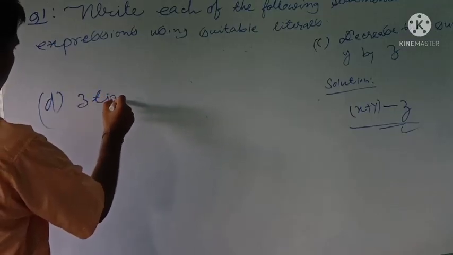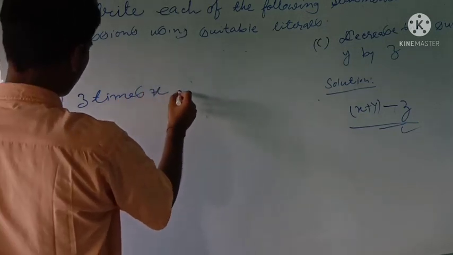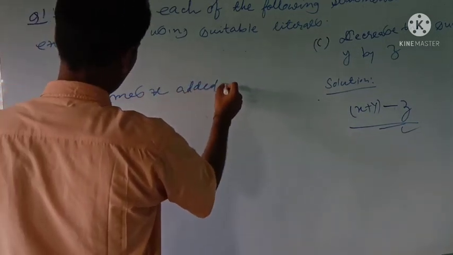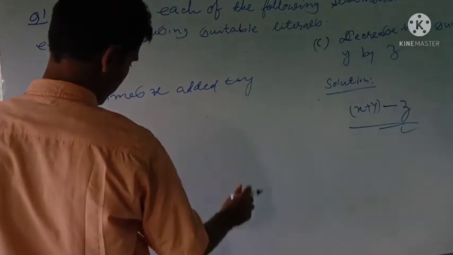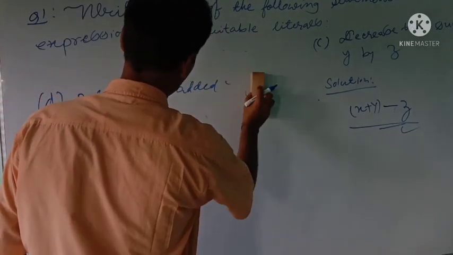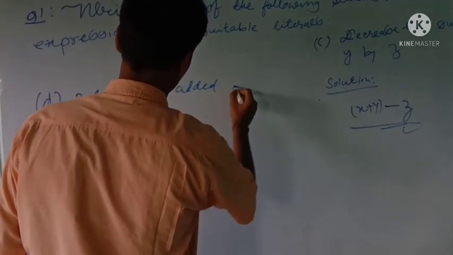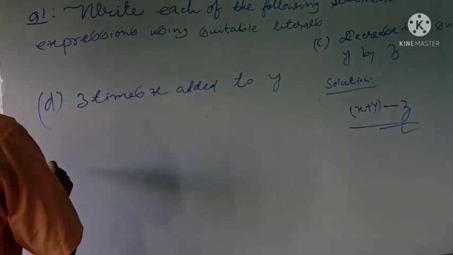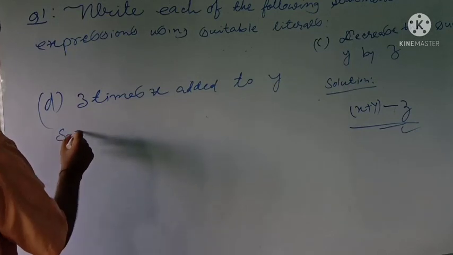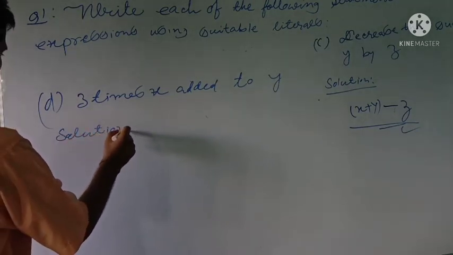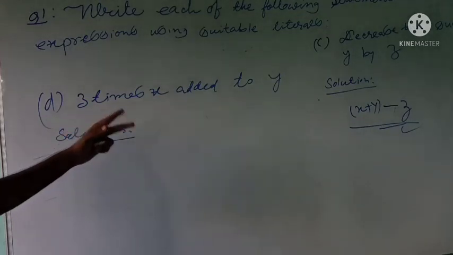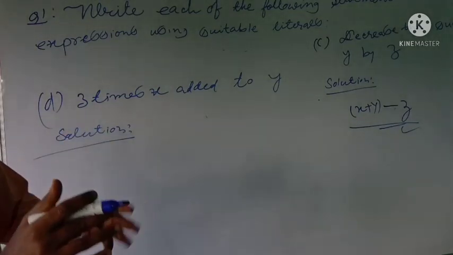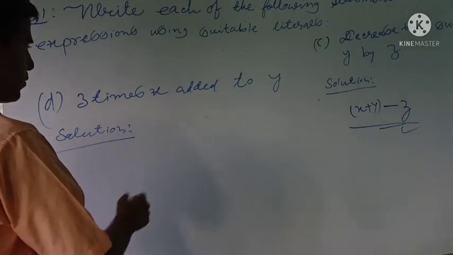Now question number D: 3 times x added to y. Solution: 3 times x means 3 into x, added to y.